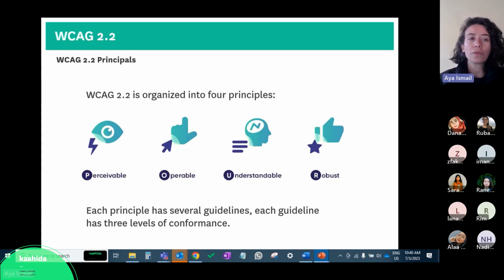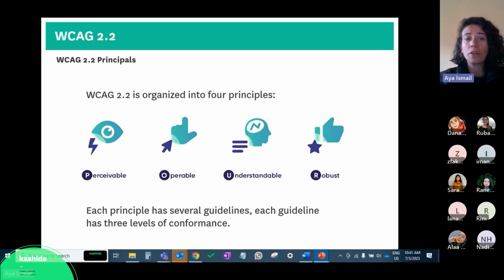The 4 are: first, perceivable, meaning that information presented should be easy to perceive for anybody. Through one of the senses, we need to be able to take in this information. If it's not through our eyes, we should be able to take it in through our ears. If it's not through our ears, then through our eyes.